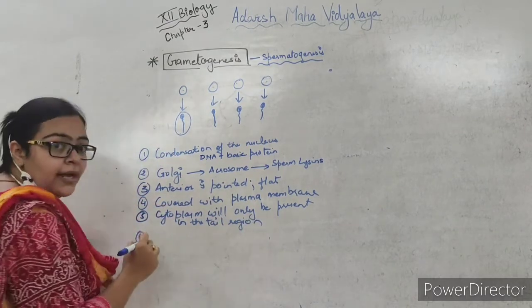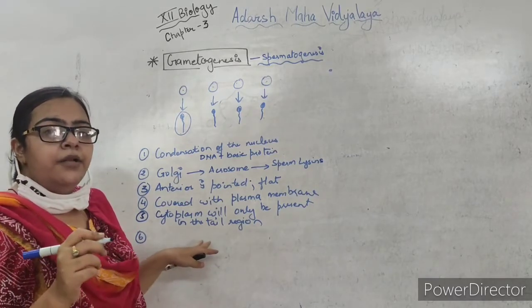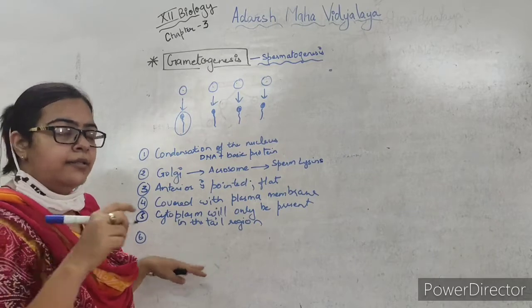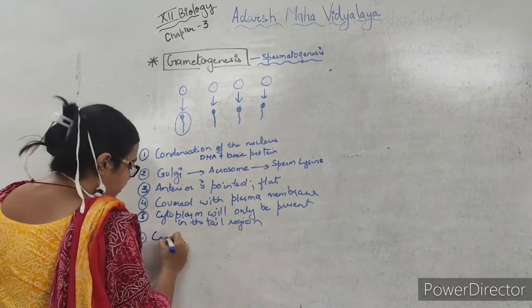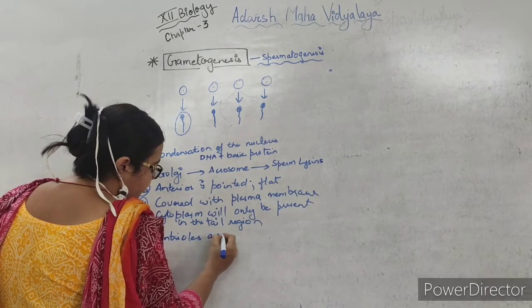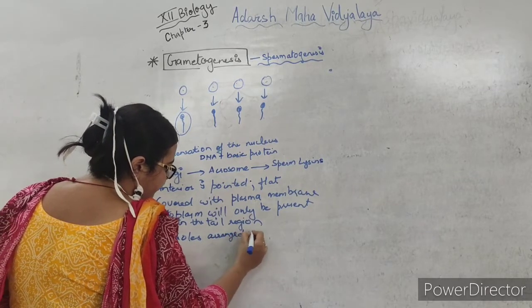Sixth one is that the centrioles are arranged in the particular area, that is the neck region. The centrioles of this cell are arranged in the neck region.